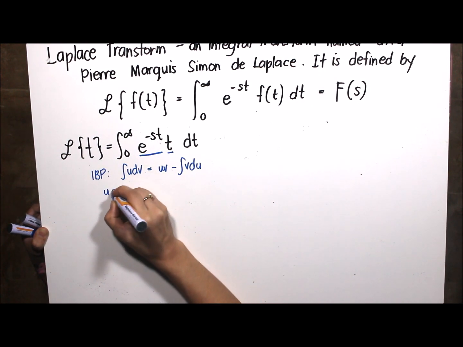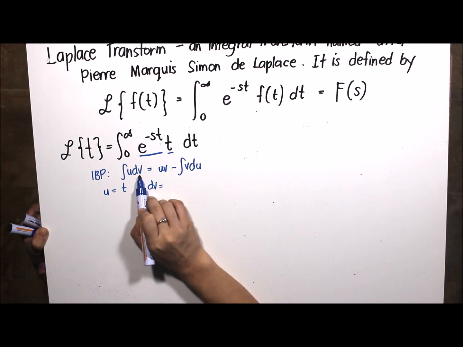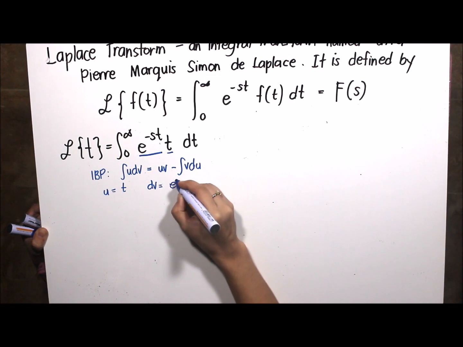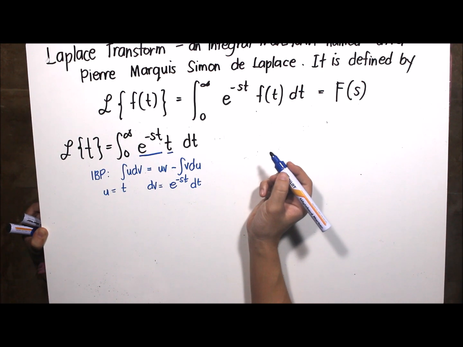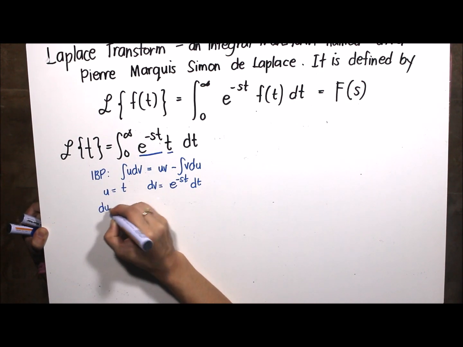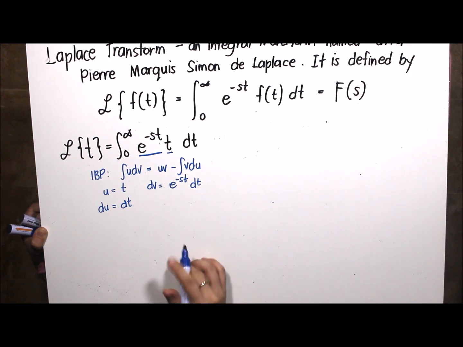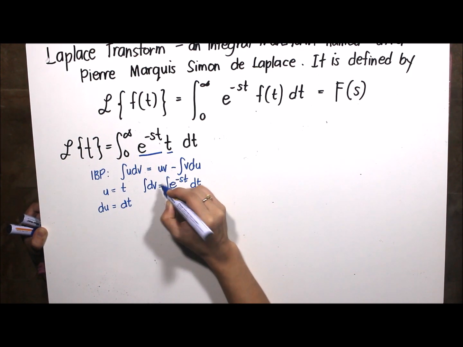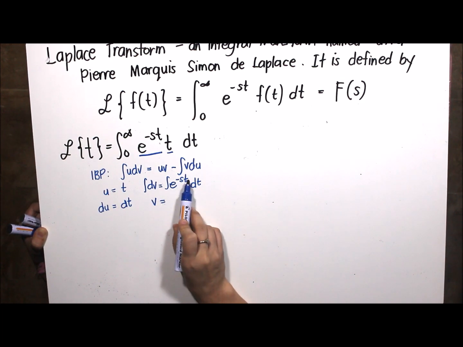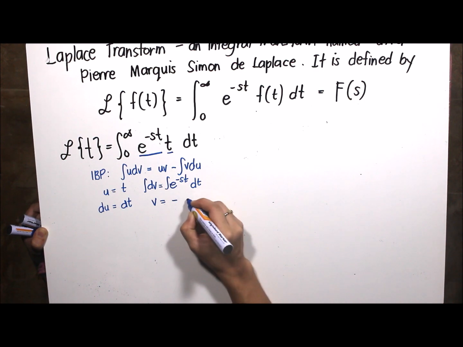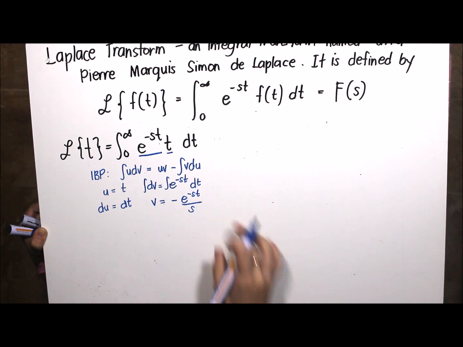Therefore, u is equivalent to t, and in this case, dv will be equivalent to e raised to negative st dt. We're going to take the differential of u, and that would be 1 dt. And then we're going to take the integral of dv. The integral of dv is v. And we're going to integrate e raised to negative st. So definitely that would be negative 1 e raised to negative st all over s.